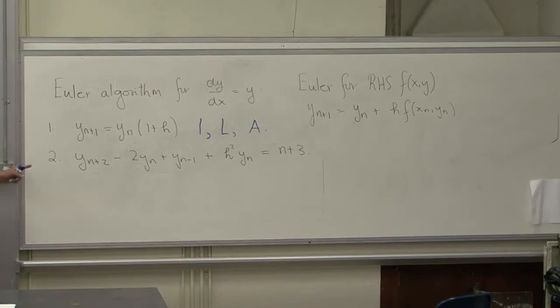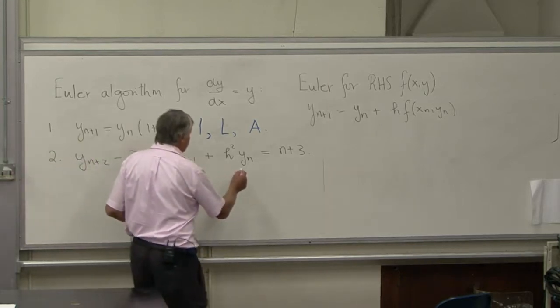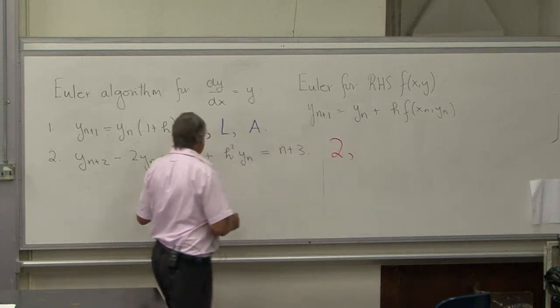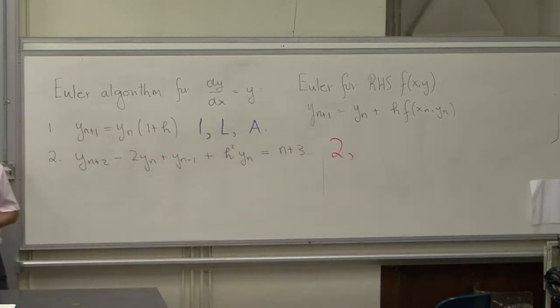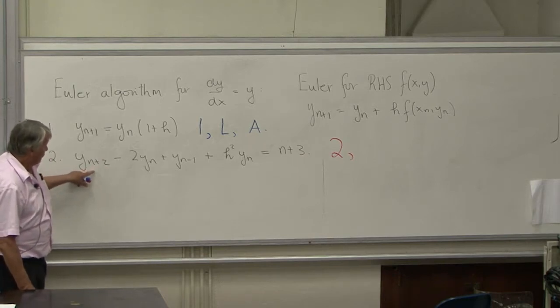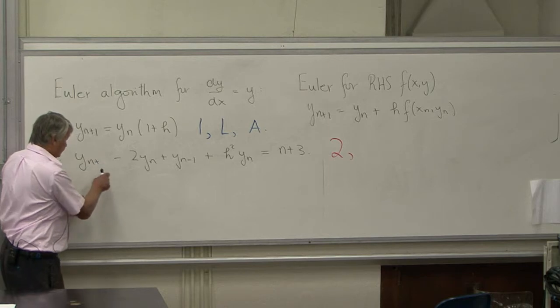What is the order, first of all? Second, 2. So the order is 2. Is it linear or nonlinear? Oh sorry, that should have been 1, sorry.